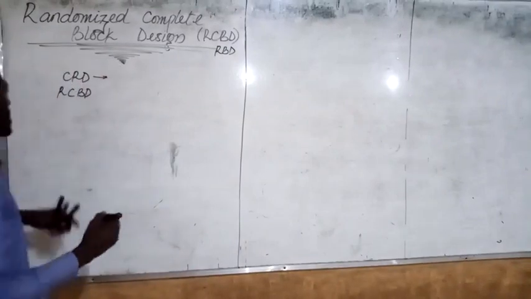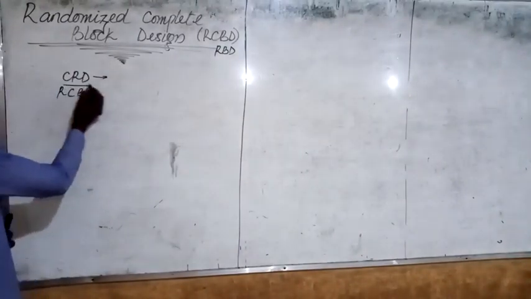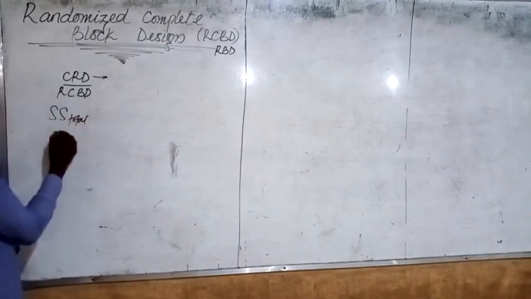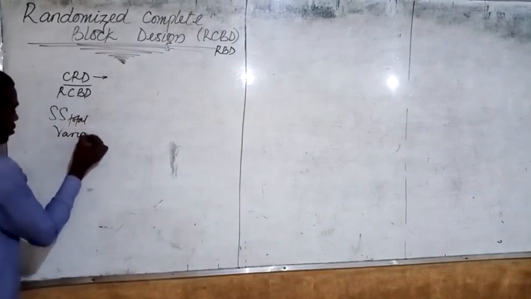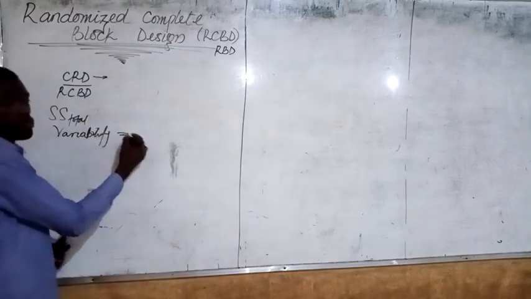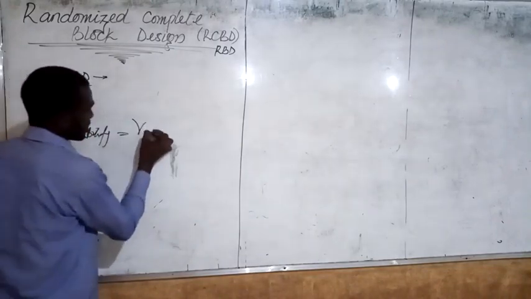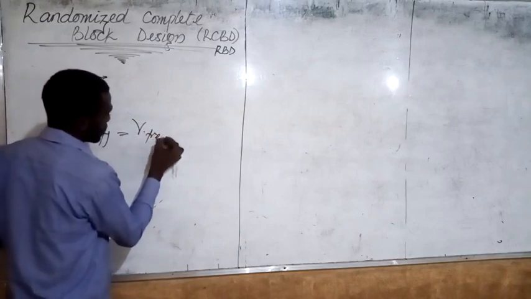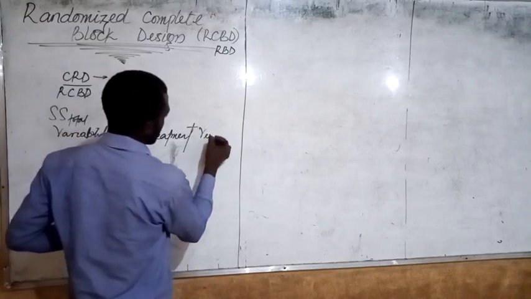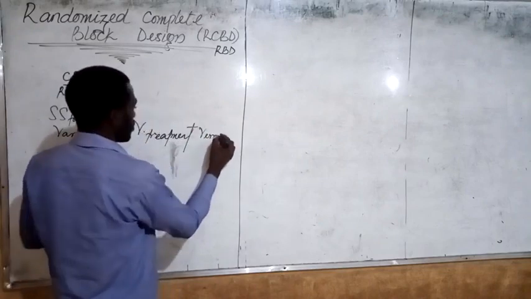Now, it therefore means that whilst in CRD, the sum of squares total, or the total variability, will be the variability due to treatment and the variability due to error.